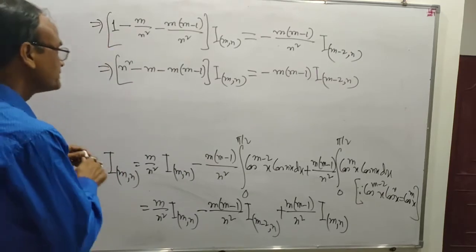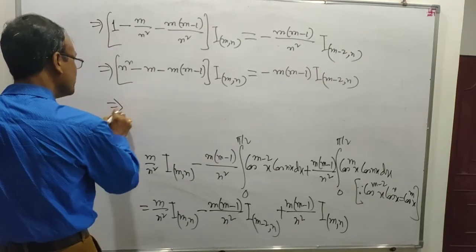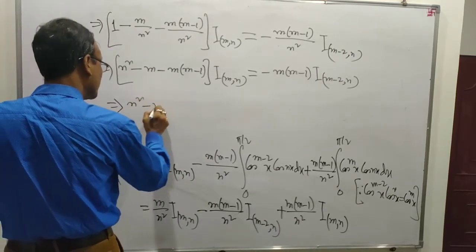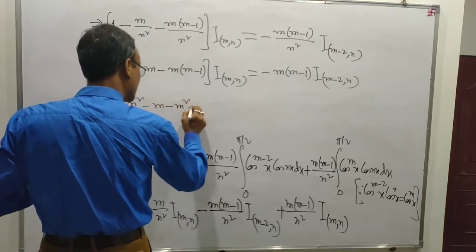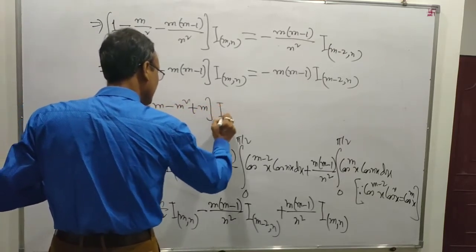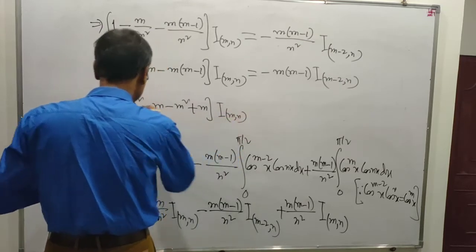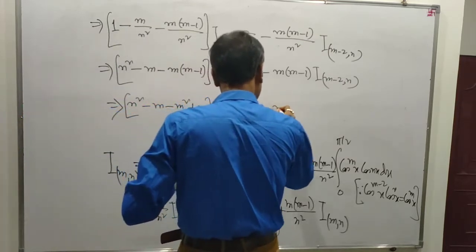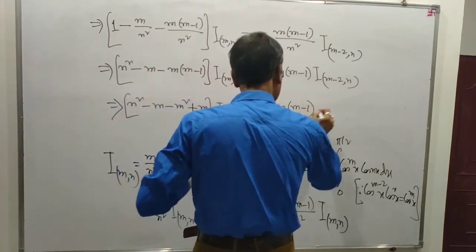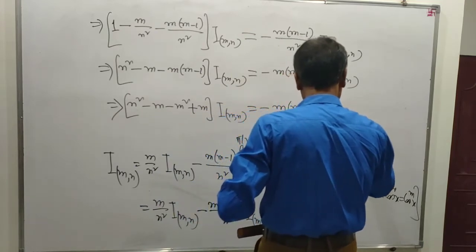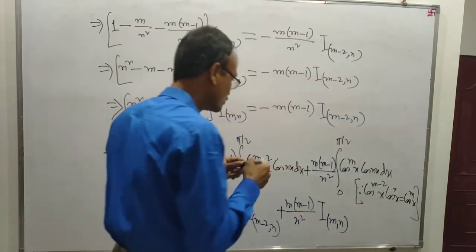Now, this implies m square minus m square plus m, I m n, equal to minus m into m minus 1 I m minus 2n.